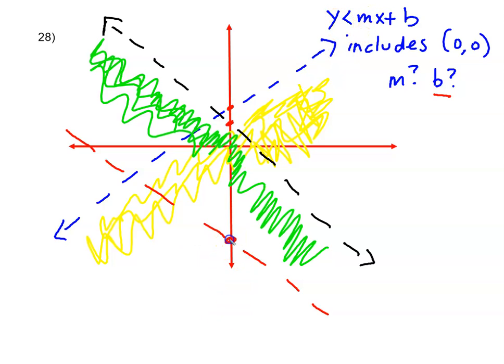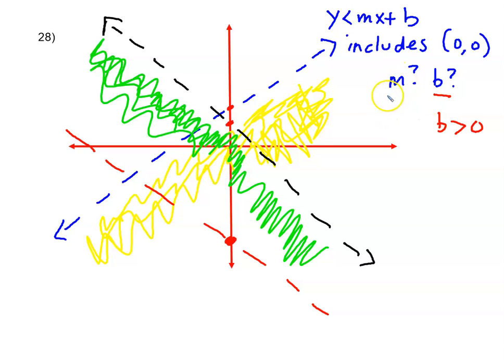So do you see the difference between this red line that I've drawn, this boundary line? It has a y-intercept that's negative, whereas these, in order to include the origin, the y-intercept has to be positive. Okay, so there's a conclusion that we can draw. B is going to have to be positive, or in other words, we say B is greater than 0.